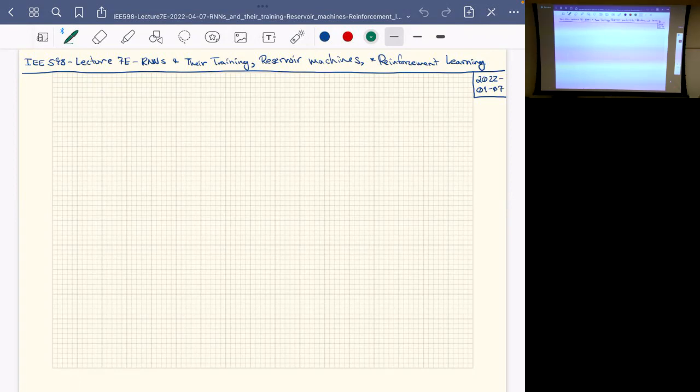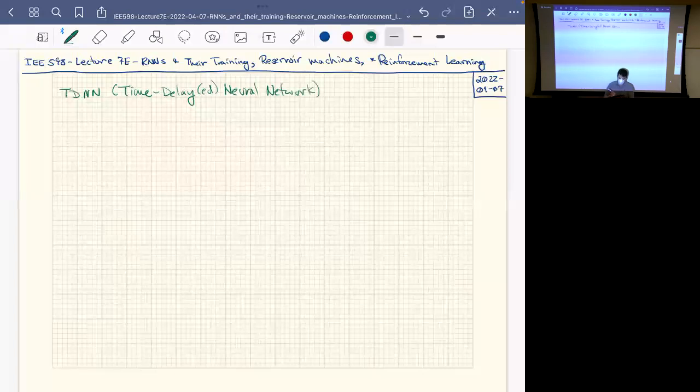So last time we were preparing to talk about recurrent neural networks, and I introduced the time delay neural network, which really introduces a neuronal element that has memory.